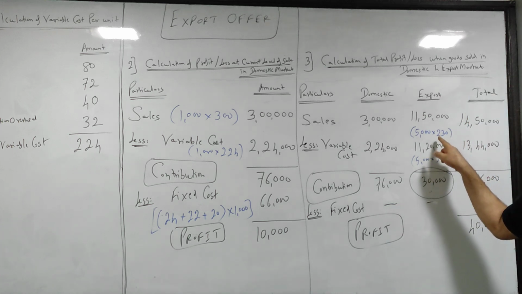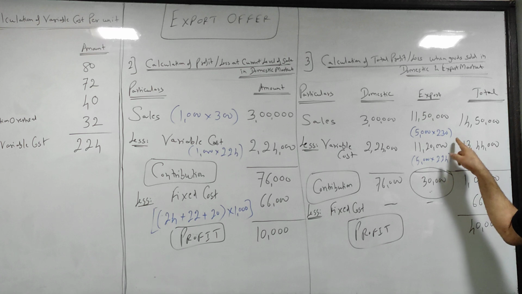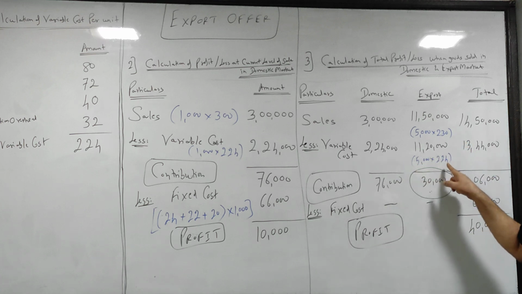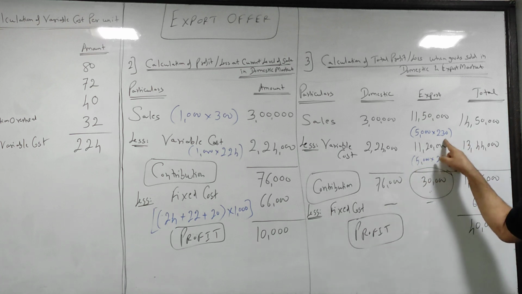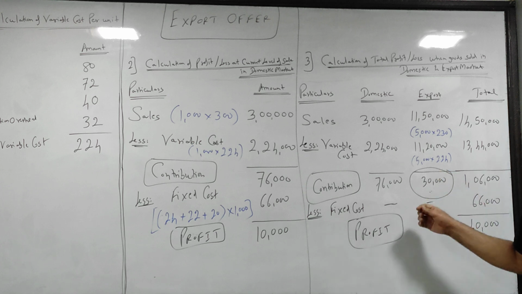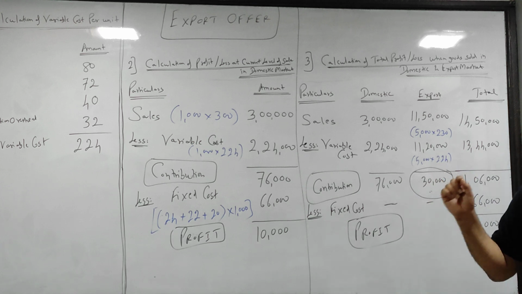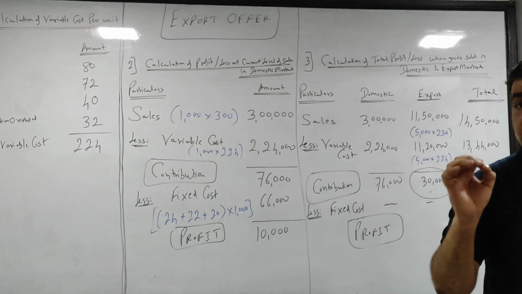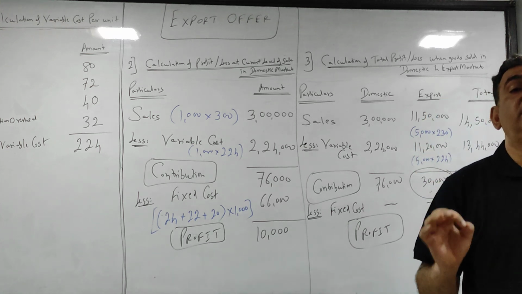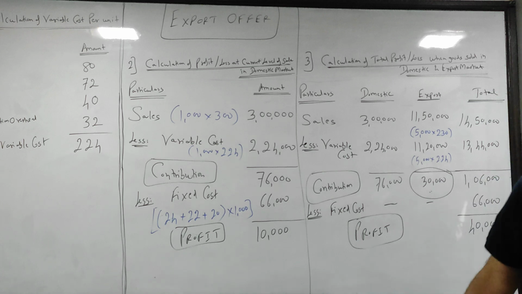If I sell goods in export market, I sell at a price of 230. My variable cost is 224. So 230 minus 224, 6 rupees is my contribution per unit.